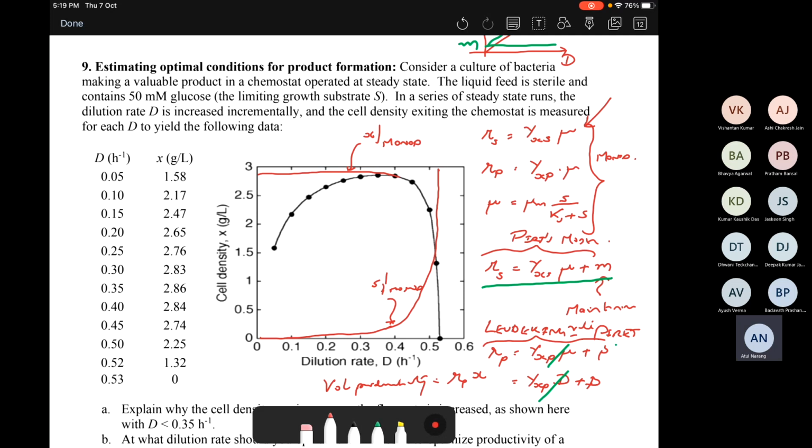The Monod model assumes that any substrate that is consumed is being utilized for growth. Both of these models are relaxing that assumption effectively. The PERT model directly says that the substrate is being used for maintenance too.